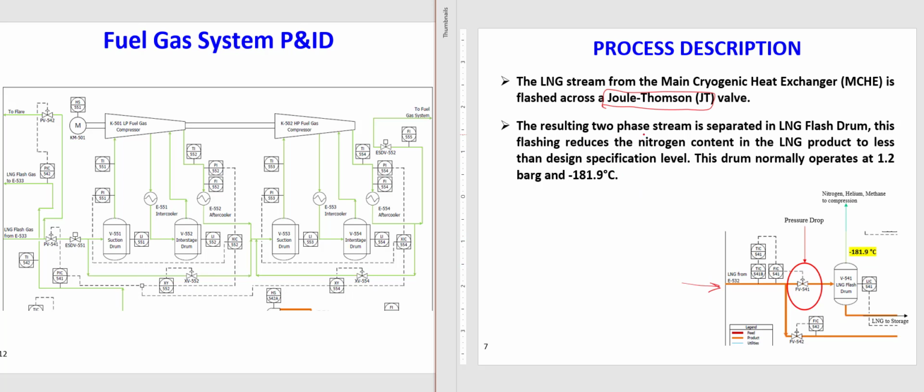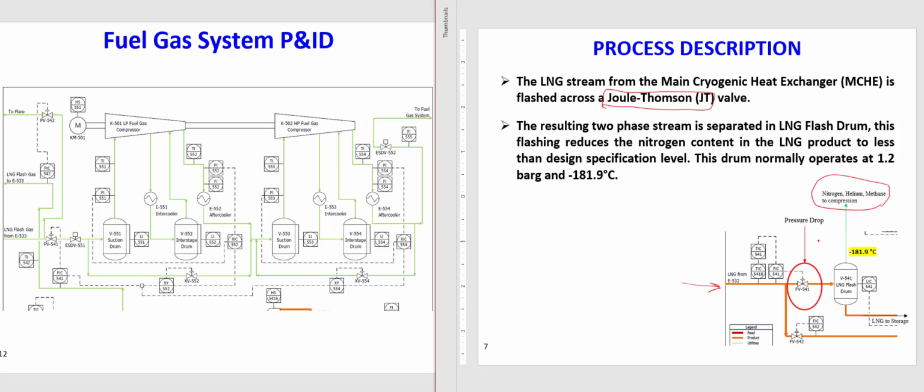Then we have a two-phase stream that is separated in the LNG flash drum here. The flashing reduces the nitrogen content in the LNG product. So the LNG product coming from the main cryogenic heat exchanger will lose its nitrogen. Nitrogen will be separated, so the content of nitrogen will be much less.